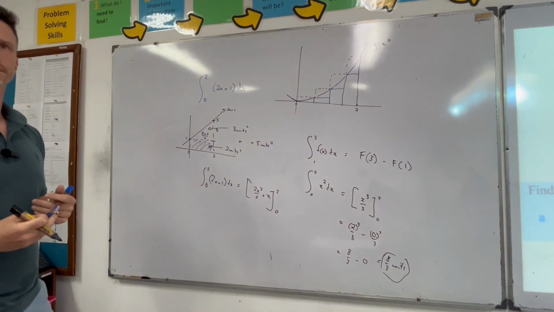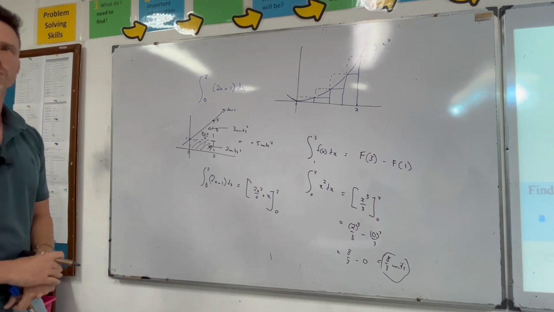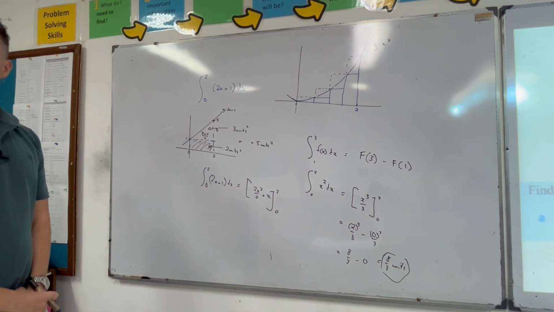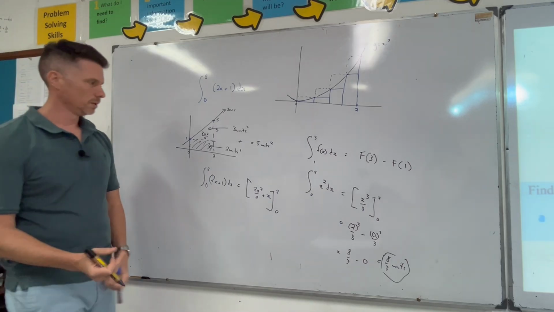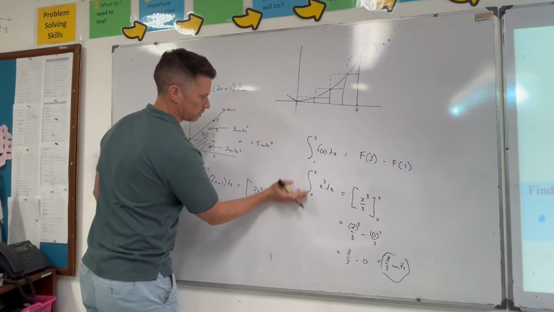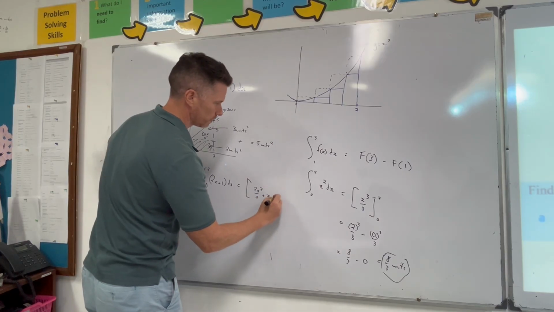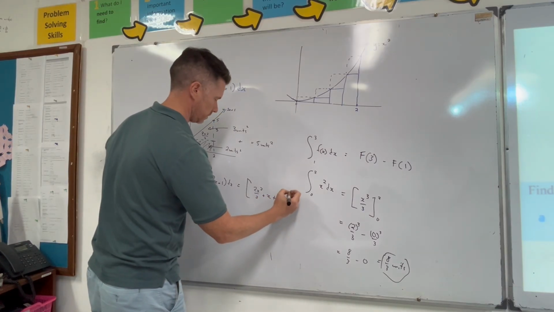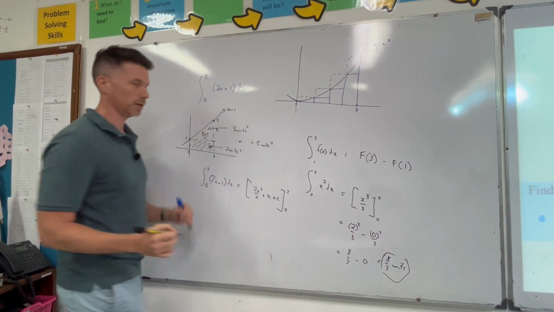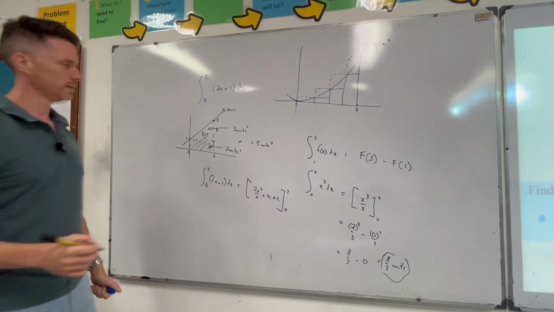Why is there no c? Because the area, you know the constant because of the area. There will not be a constant. I'm not sure, guys. I'm going to put in a c and see what happens.